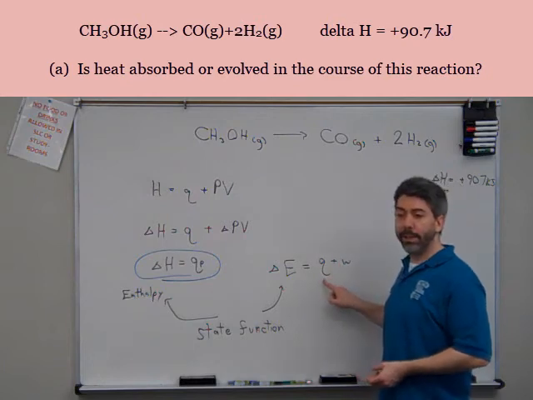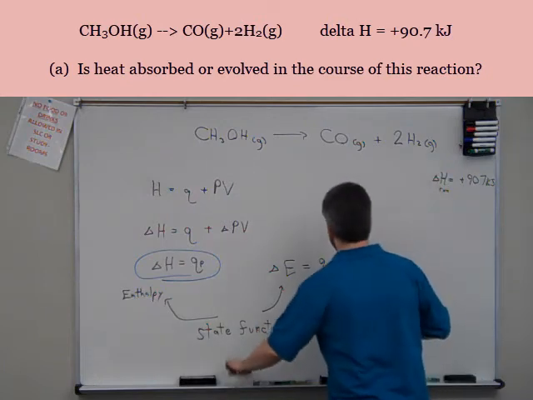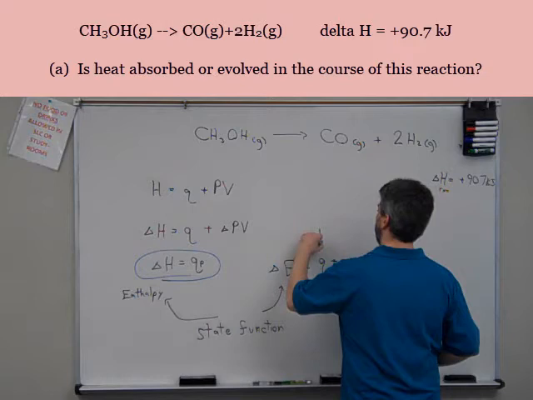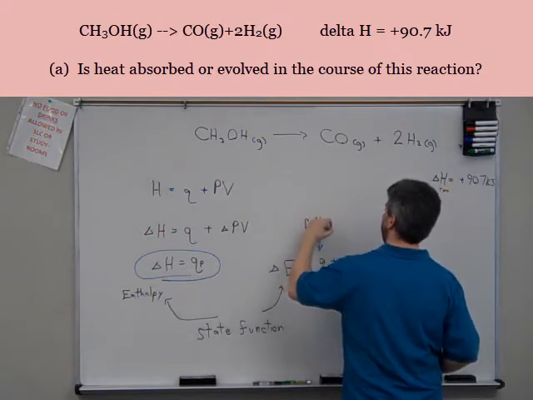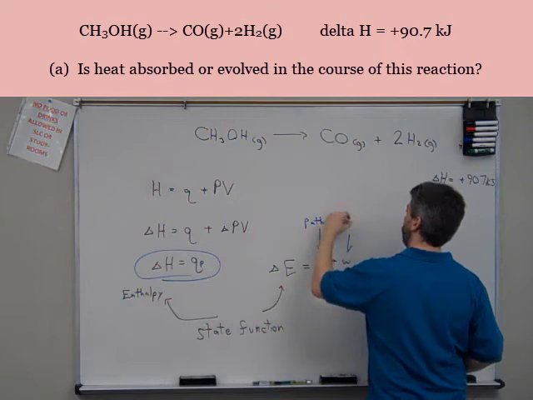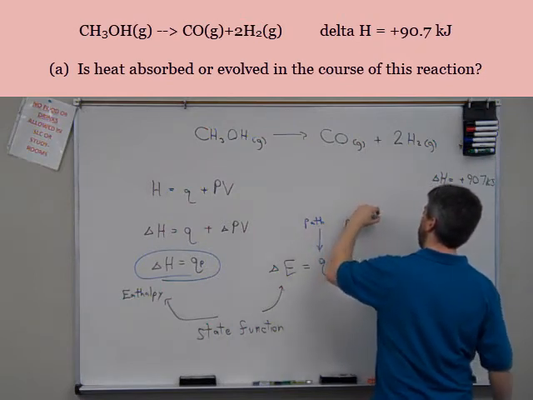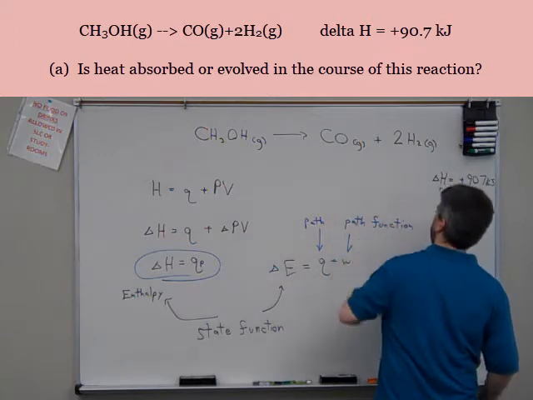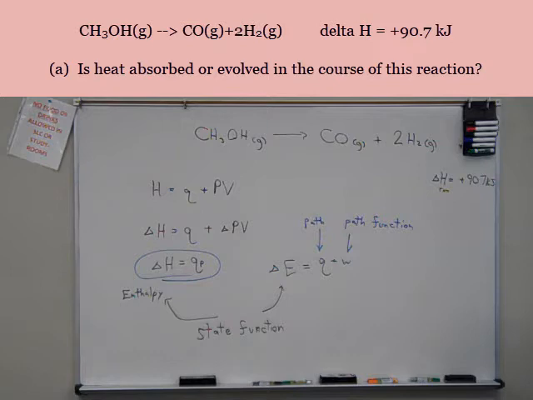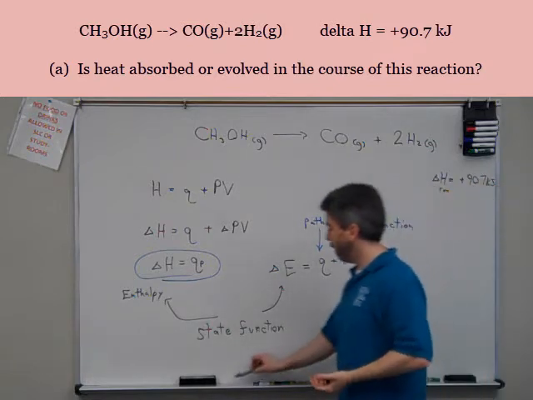Now, Q is not a state function, and neither is W. This is what's called a path function. Like distance and the amount of money I spent, these are called path functions. And the reason they're called path functions is because they depend upon the path you take.